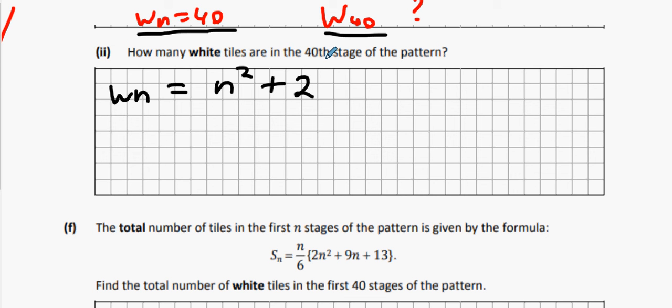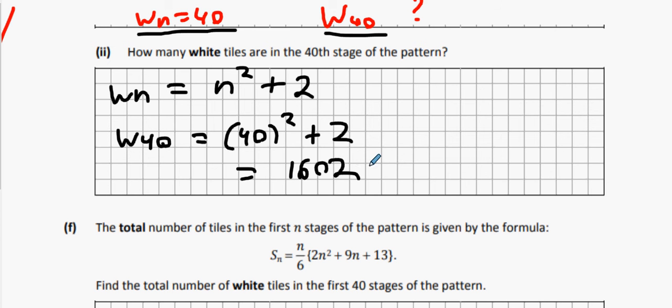So it's a stage 40 only. Stage 40 only would be W40. That will give you 40 squared plus 2. 1,602, I think. Yeah. You got that?